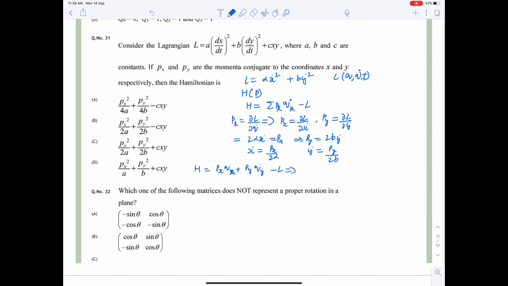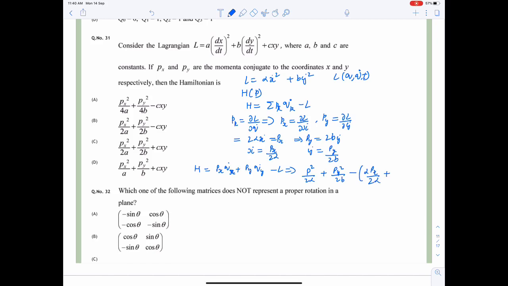So when you apply this, p remains p because you have to change to momentum. qx dot will become px square by 2 alpha, plus py times qy dot, which is py square upon 2b, minus the bracket of the Lagrangian, which is alpha x dot square plus b y dot square. You have to change x dot also, because the Lagrangian is in coordinates q dot and the Hamiltonian is in momentum. So x dot we have calculated, that is px upon 2 alpha.